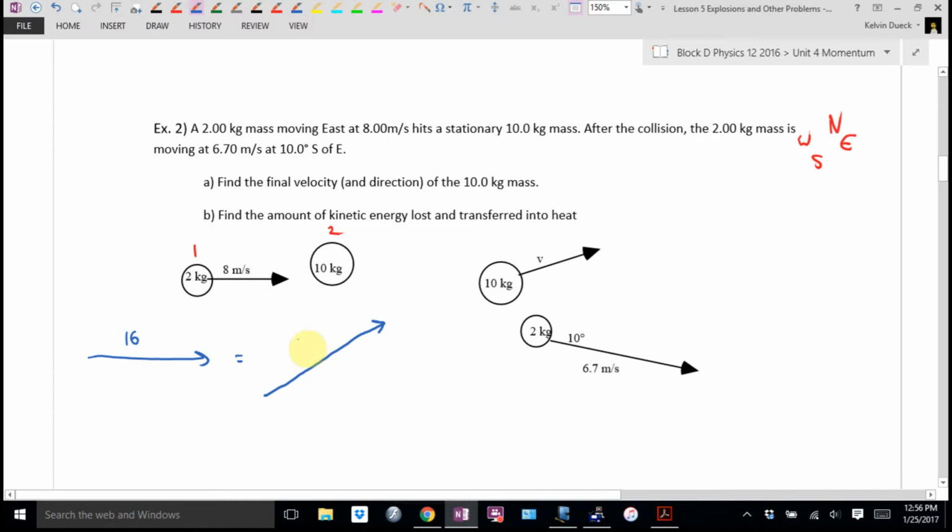And I think, Hannah, that's the mystery momentum, because they have a V there, so I don't know its momentum. I just know it went that way. And then it looks like one goes down this way with a little 10-degree angle right there.